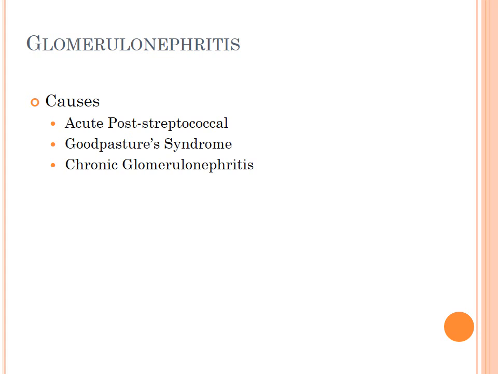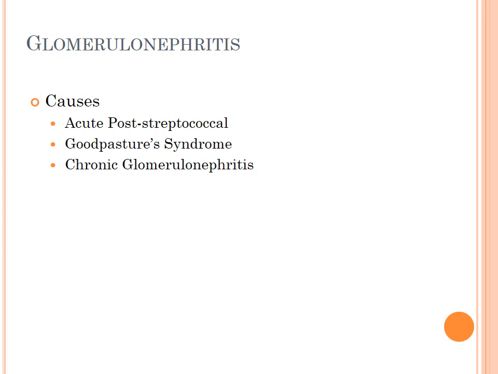Protein in the urine and hematuria may be present, and you see it with lupus or type 1 diabetes, or diabetes dependent on insulin. Often it's found because of some other reason.